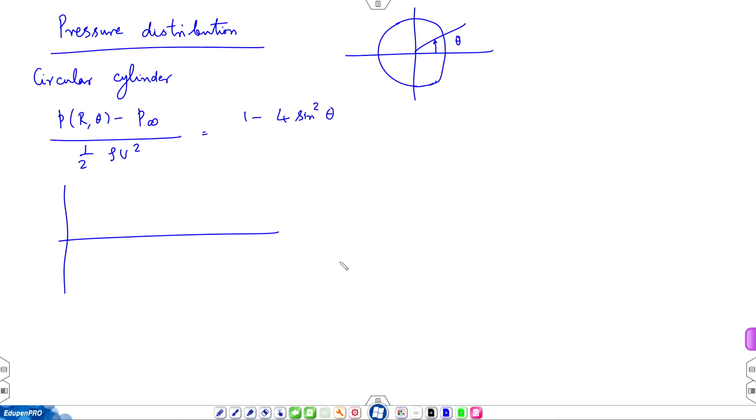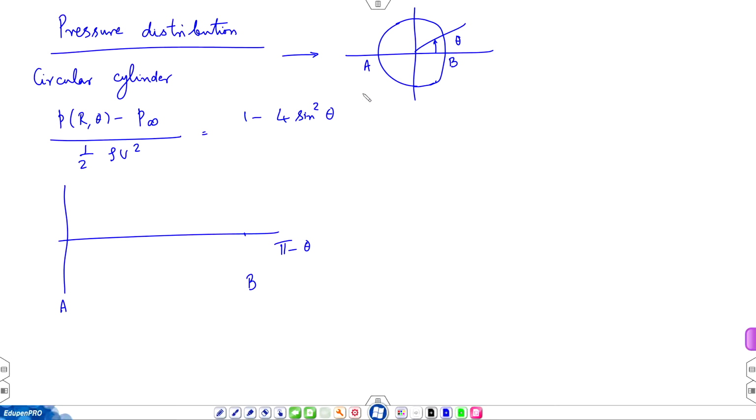θ is measured from the positive x axis, but flow is from the left. Let us call it conventional to plot pressure variation from A to B. Point A will be θ equal to π, so we normally plot pressure as a function of π minus θ. So, point A is here, point B is here.